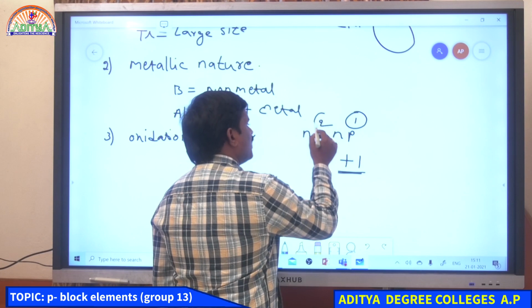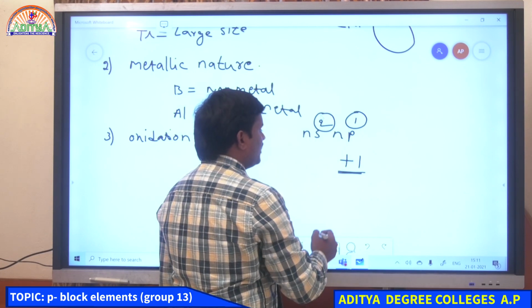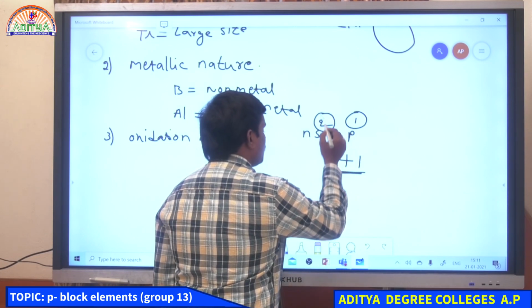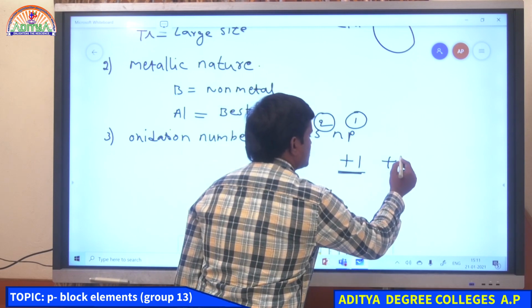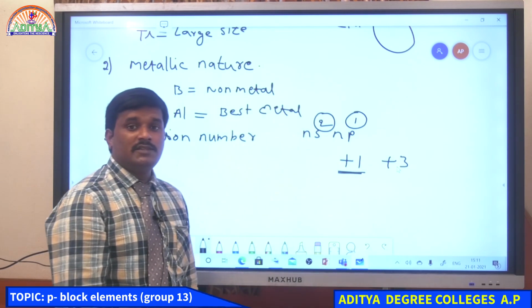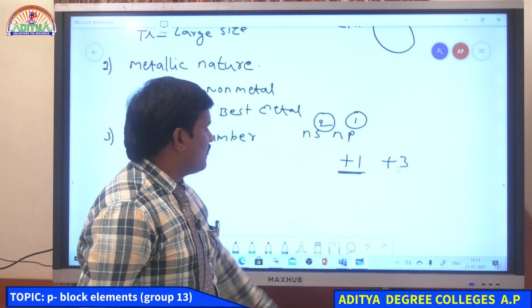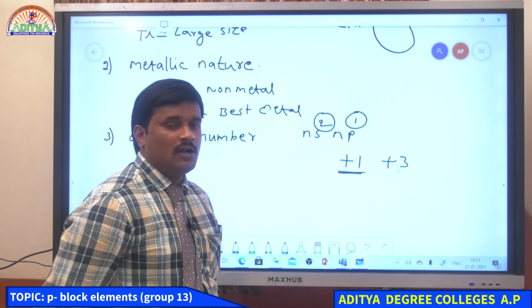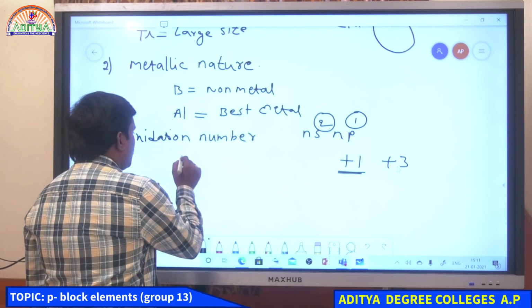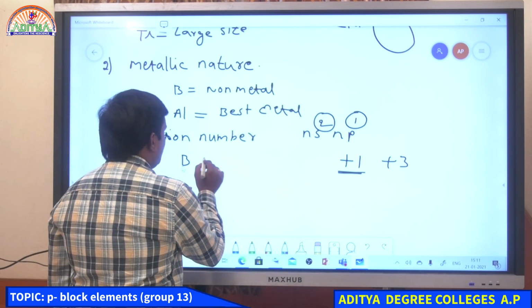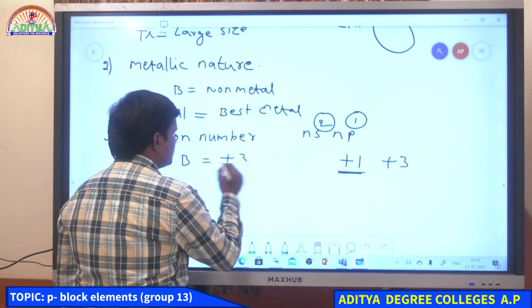When 2 more electrons are also removed, it has a total of +3 oxidation state. Therefore, the general oxidation states for 13th group elements are +1 and +3. In general, boron always forms a +3 oxidation state.